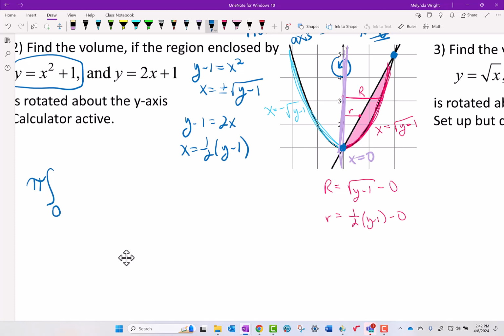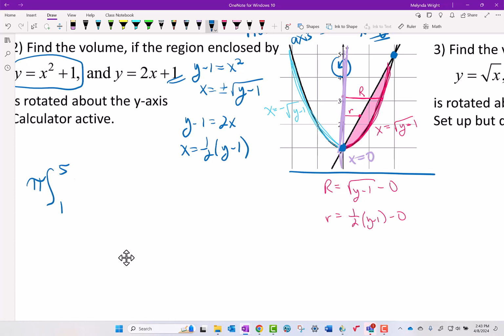Wait, no, it's not that. This is down here. They're not showing the x-axis. The x-axis is right down here because my y-intercept right here is 1. So my little y is 1, and my big y is 5: 1, 2, 3, 4, 5. Again, if I couldn't tell, I would set those equations equal to each other and solve.